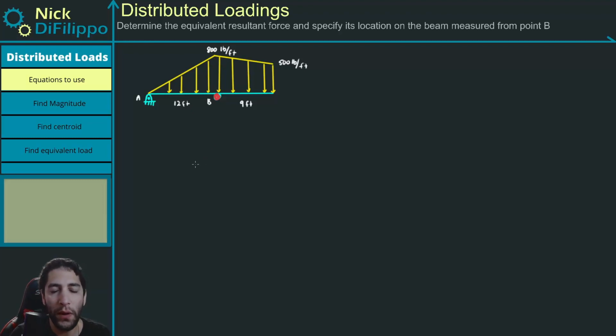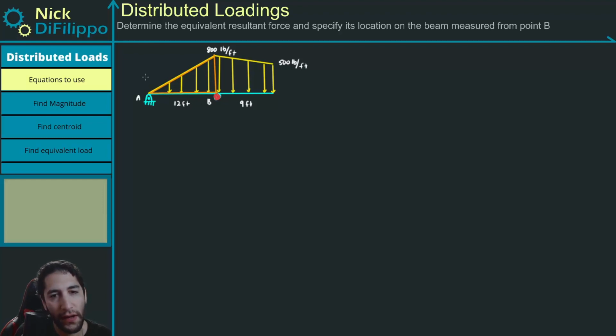So what we want to do is first look in a table for a shape that looks like this. Now, you're probably not going to find that in the table. So the next thing you need to do is say, can I break this loading up into more simple shapes? And the answer is yes. I can find a triangle that's right here.